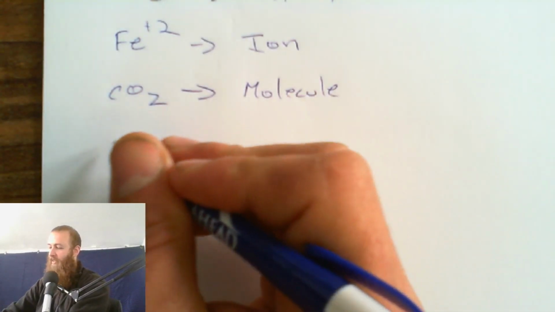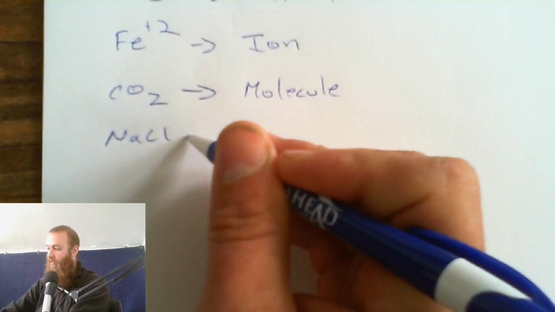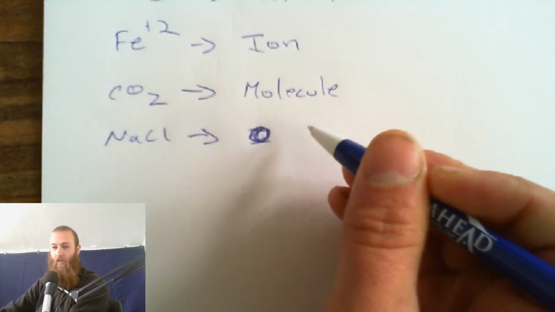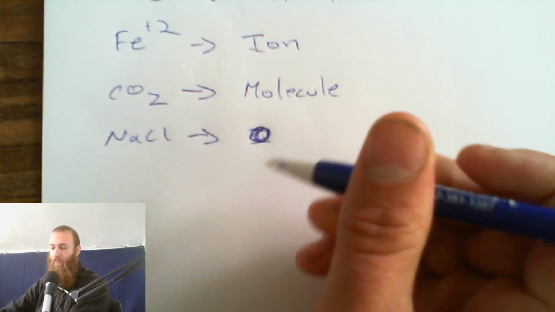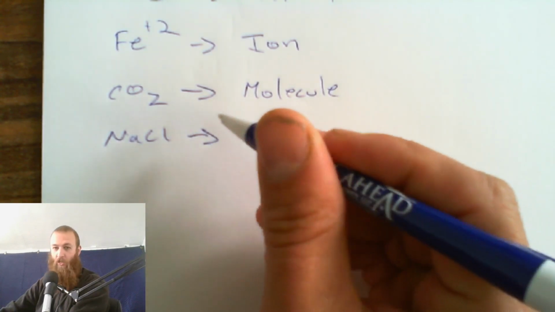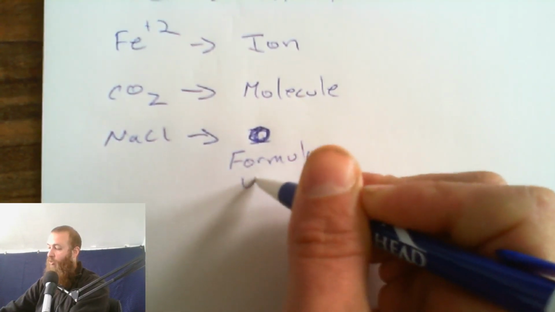All right, let's say something real common, sodium chloride. That's an ionic compound. So this is tricky, okay? The representative particle of an ionic compound is called a formula unit.